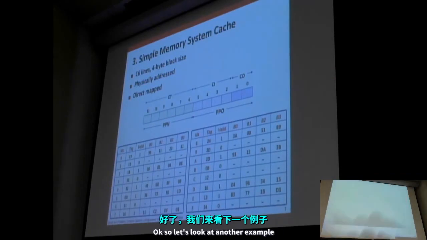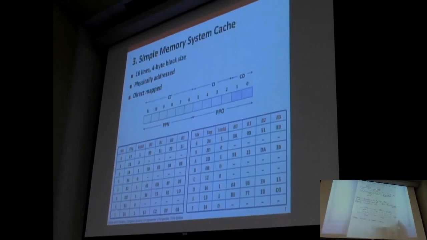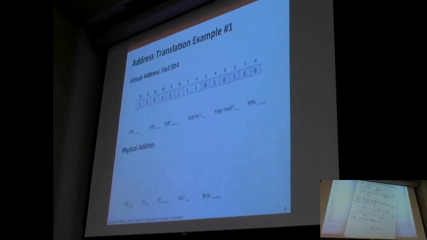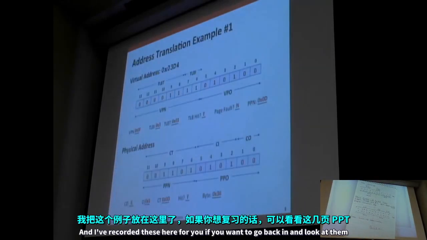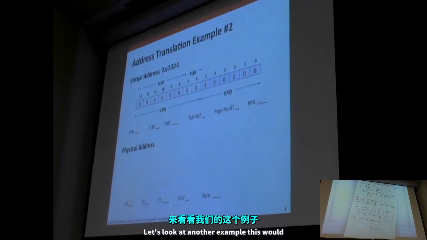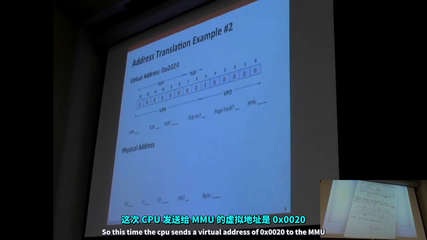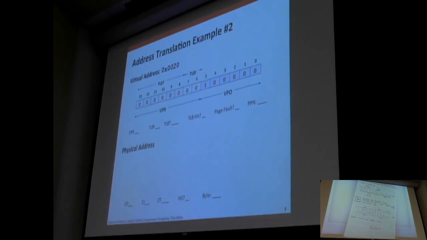Okay, so let's look at another example. And I've recorded these here for you if you want to go back and look at them. So this time the CPU sends a virtual address of 0x0020 to the MMU.